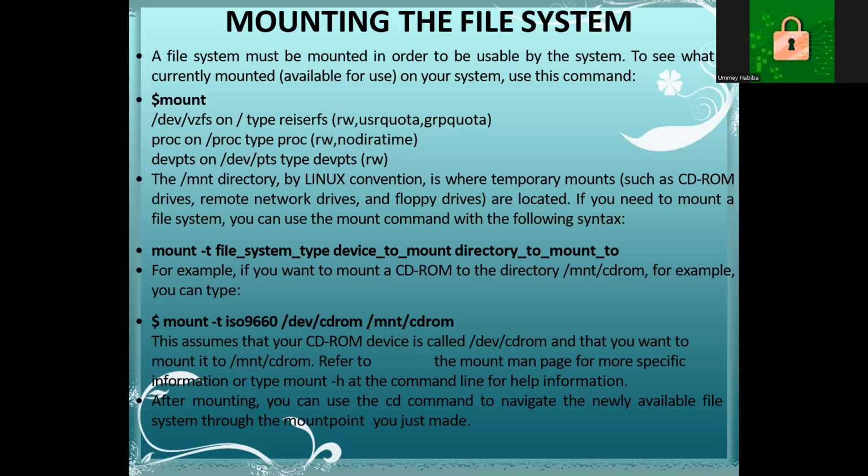The mount command is used to attach a file system to a directory. The directory where the file system is attached is called the mount point. For example, a USB drive can be mounted to a directory like /mnt/usb using the command mount /dev/ followed by your device name, then /mnt/usb.